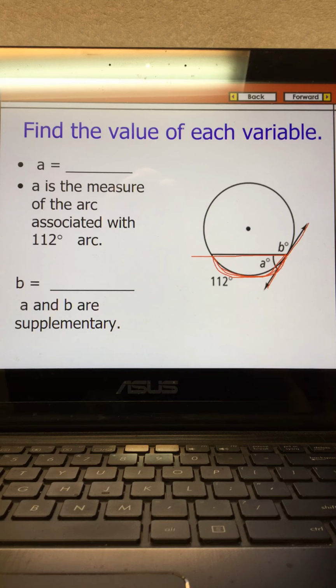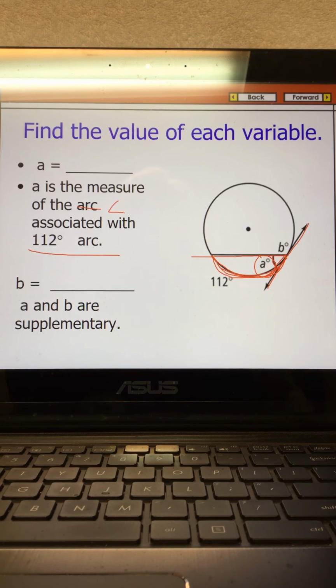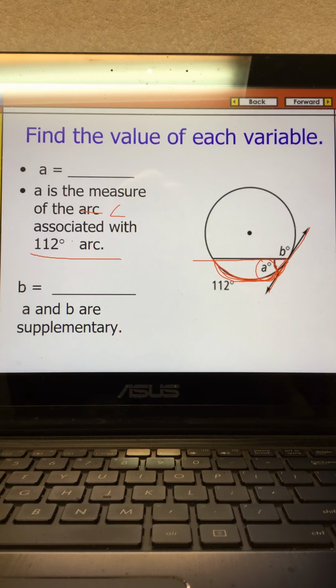I'm trying to find the measure of this angle back here at A. We know that the angle A is the measure of the angle associated with a 112 degree arc. And so we're just going to take that 112 and divide it by 2, because that's how we find the angle. So if we divide 112 by 2, that should give us 56.